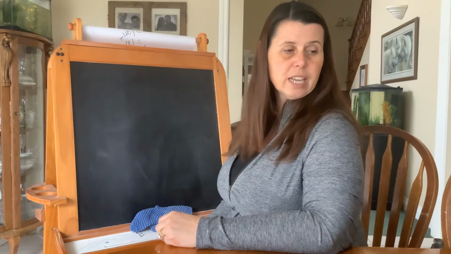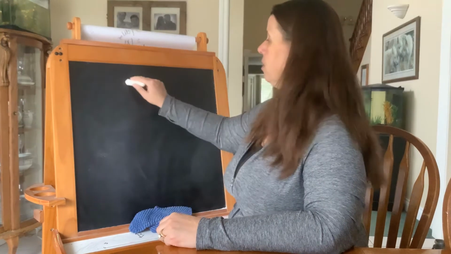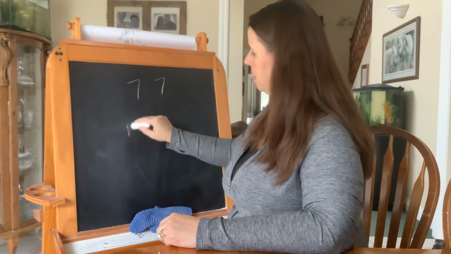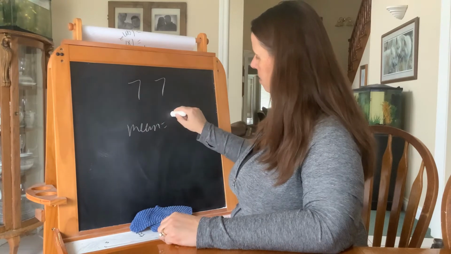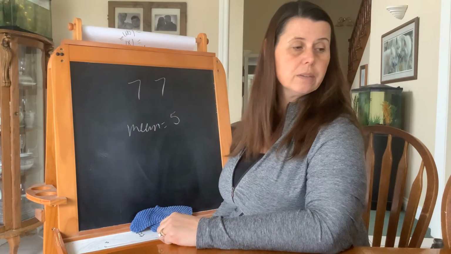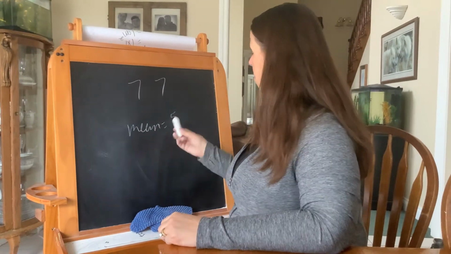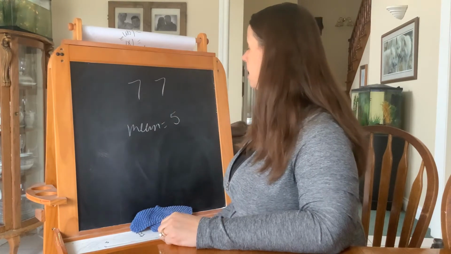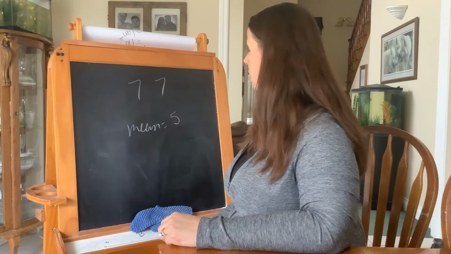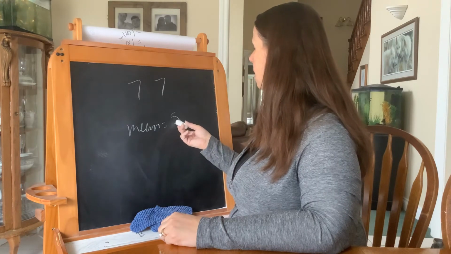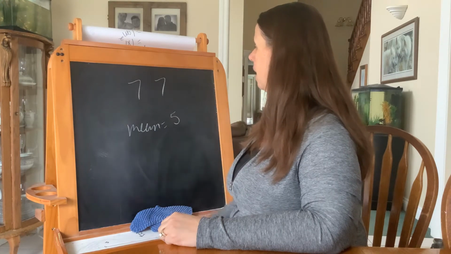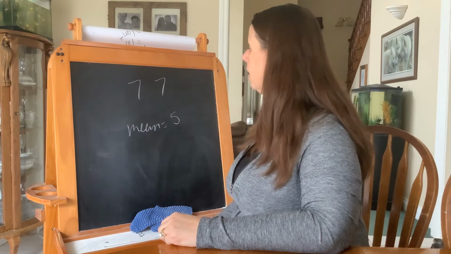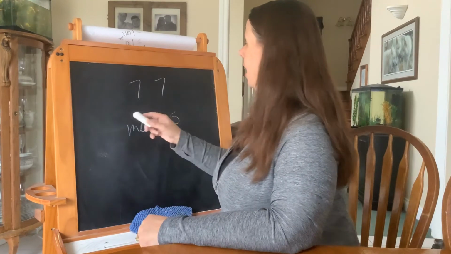E, what data value should you add to 7, 7 to make the mean equal 5? Okay, so the mean has to equal 5. 7 and 7 is 14, right? We need the mean to be 5.